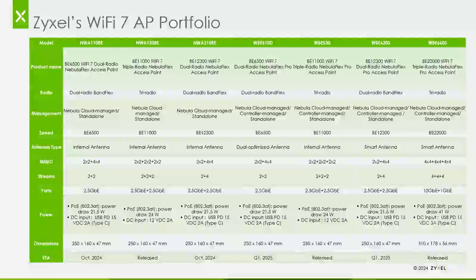We've got our WBE660S, our flagship high performance Wi-Fi 7 access point for those of you that need that performance or want to future-proof your networks today, and then everything in between. So no matter what you're looking for, we've got a Wi-Fi 7 access point that supports you.